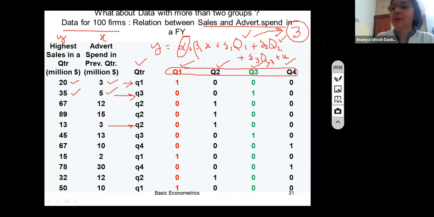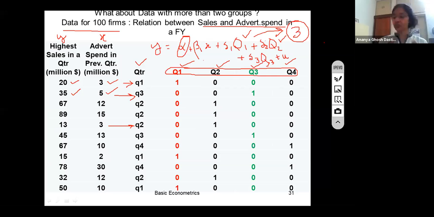When you have several dummy variables, when you have several groups in your data, make sure that you are always putting in one less dummy variable than you have groups in your data. So if you have 4 groups, you will put in 3 dummy variables.